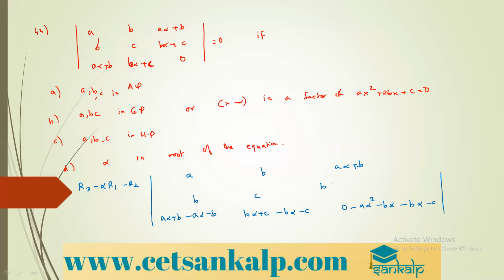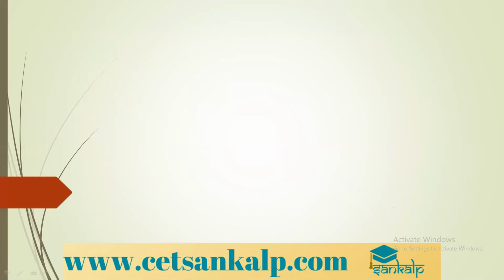So in R3, we will have 0, 0, minus a alpha square minus 2b alpha minus c.